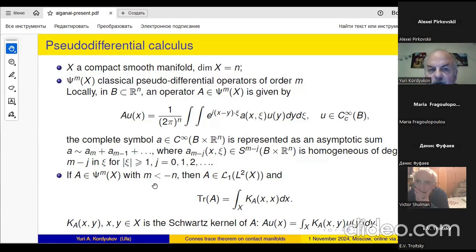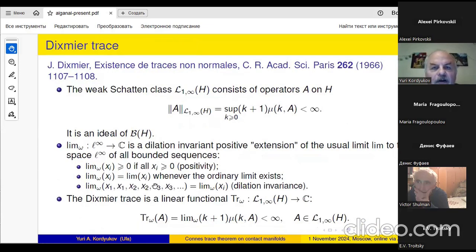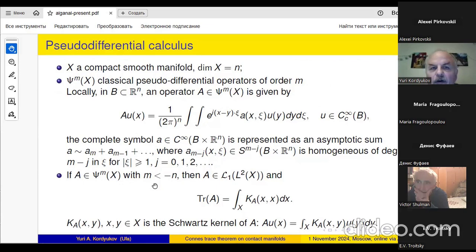Okay, but it is not enough for us. We need more, but for a long time people were thinking that there is nothing more. And actually, Dixmier also thought for a long time that there is no other trace, that this is the only trace on the algebra of operators.